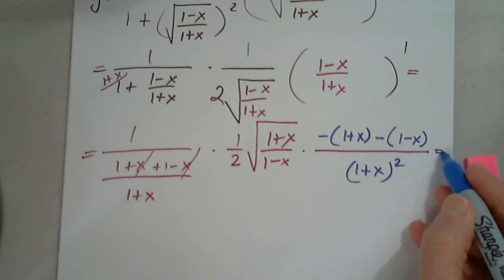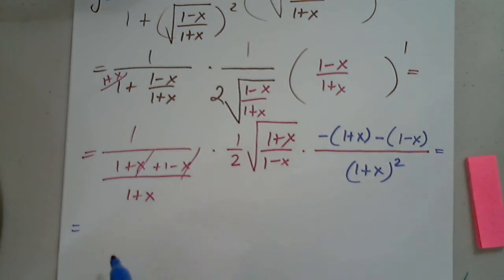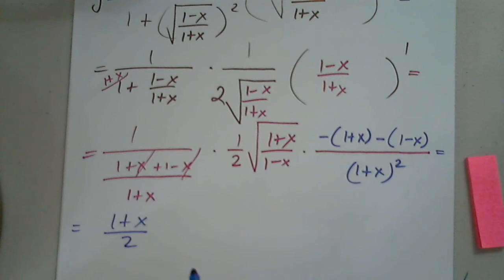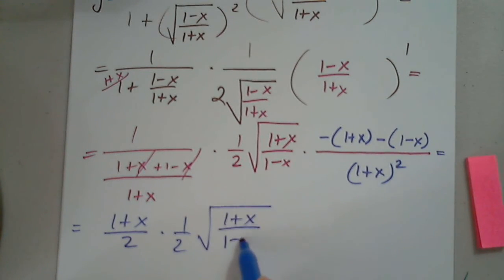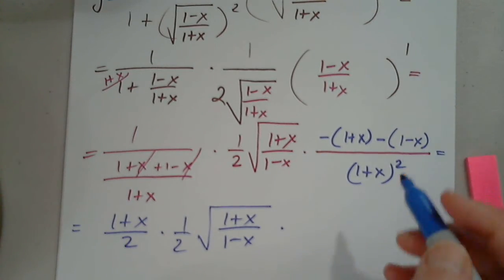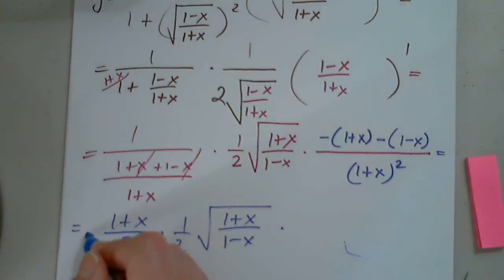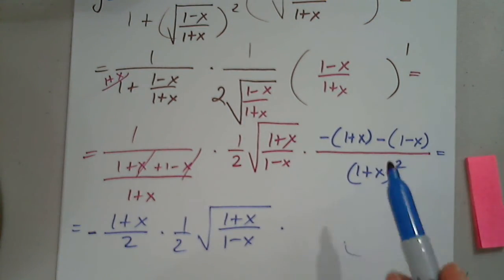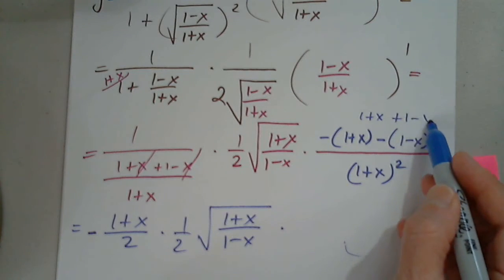Okay. I flip. So it's 1 plus x over 2 times 1/2 times the square root 1 plus x over 1 minus x. And I would factor out negative 1 and put it in front right here. So now I have 1 plus x plus 1 minus x.